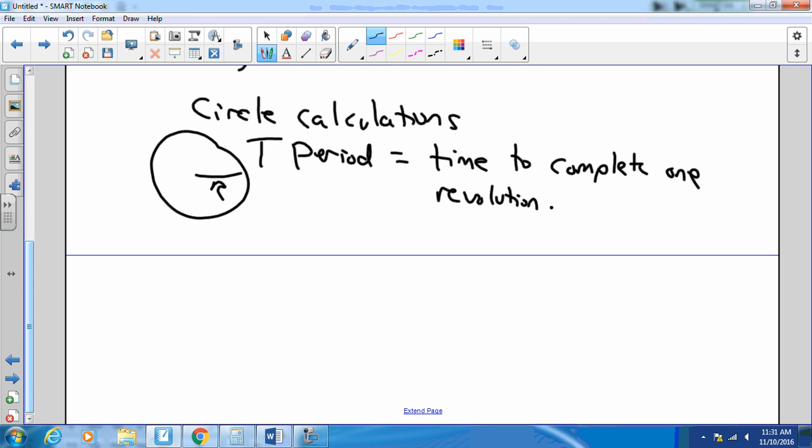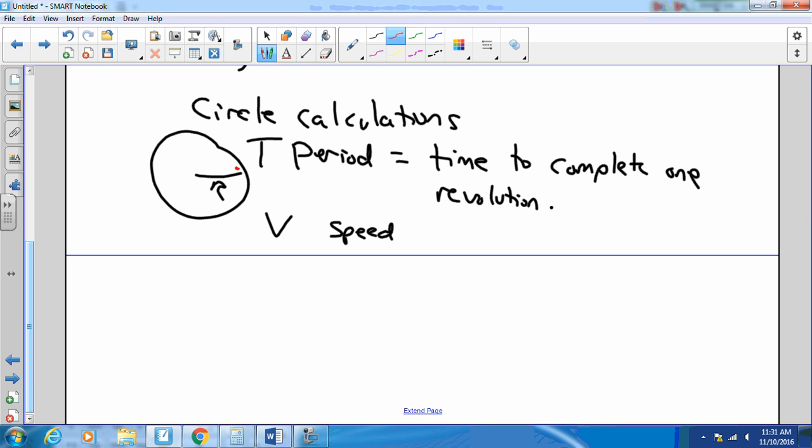We're going to give the period a symbol, capital T for time. And then finally, the speed. And these are related in this way.